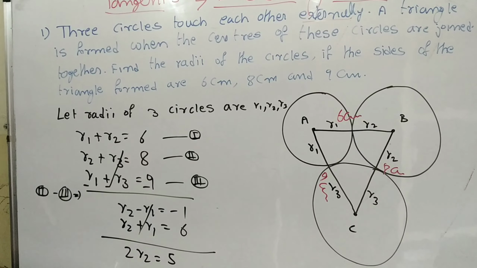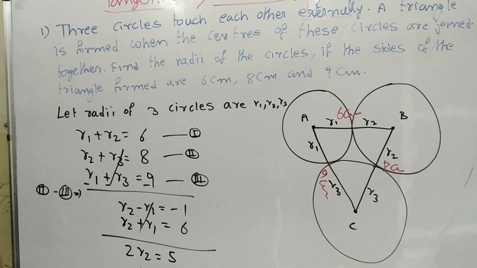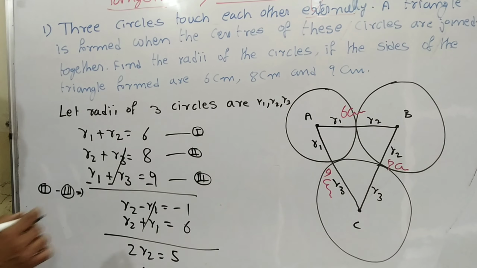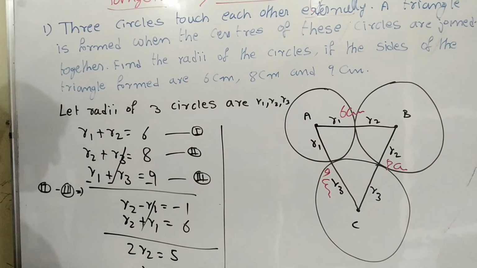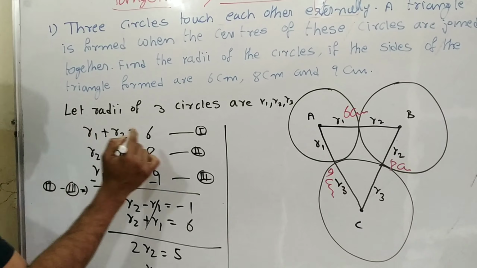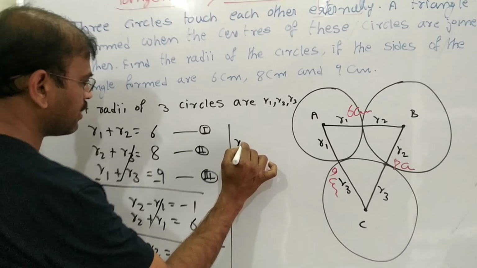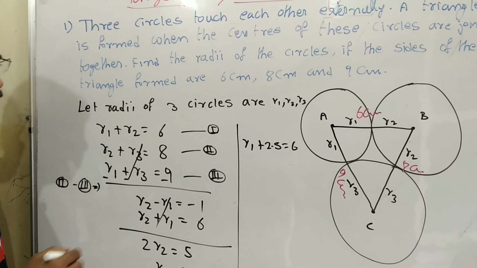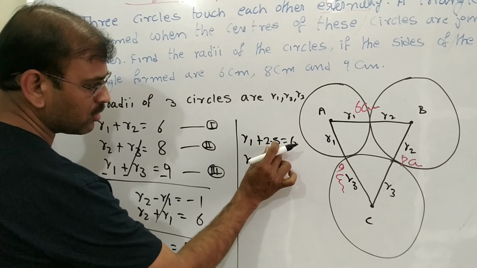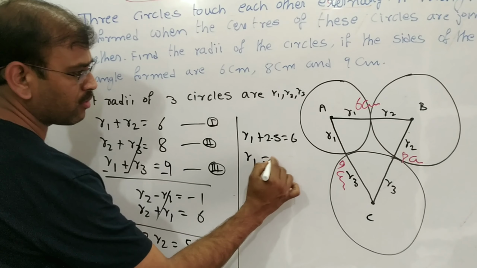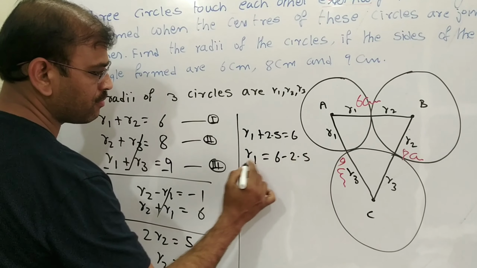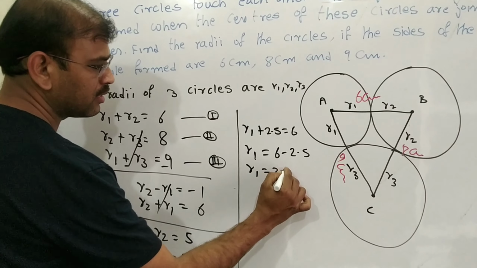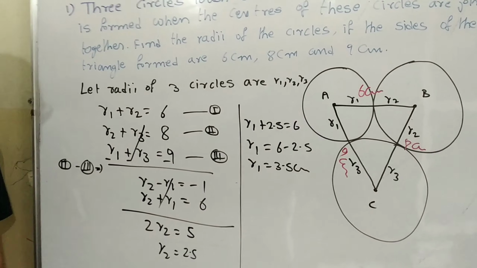So that means we now have the value of R2. This R2 value, substitute in equation 1. So R1 plus 2.5 equal to 6. So R1 equal to, take this 2.5 to the other side of the equal sign, 6 minus 2.5, R1 equal to 3.5 centimeter.